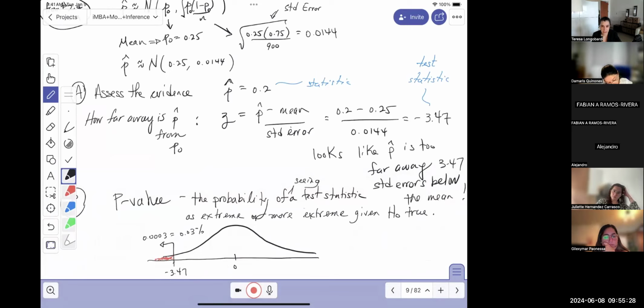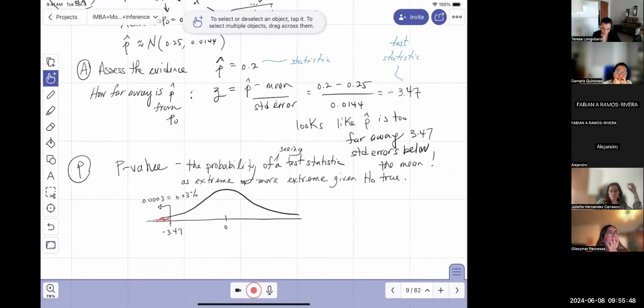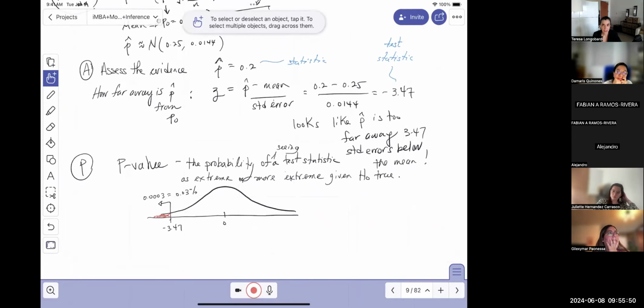It's a very small chance of seeing what we saw, 20% when the assumption is 25%. It's too low. We've assumed that it should be 25, that's what that says. So what is too low? That's basically what I have to establish.